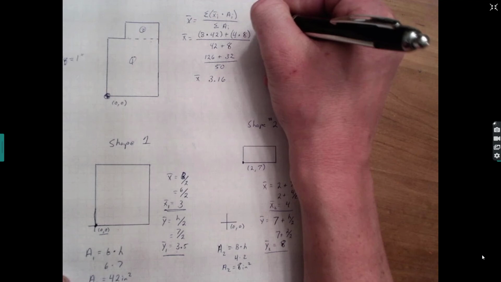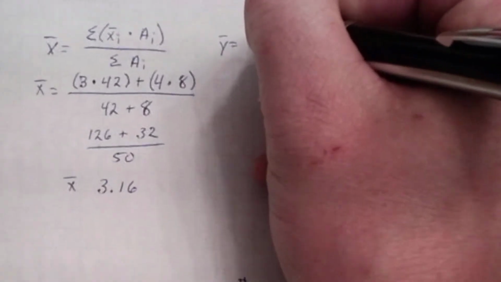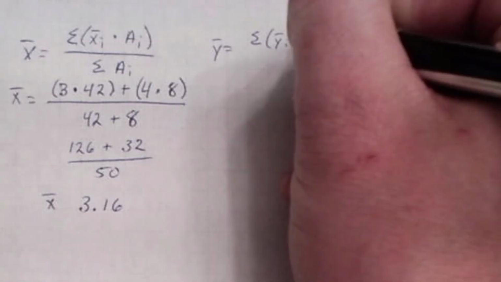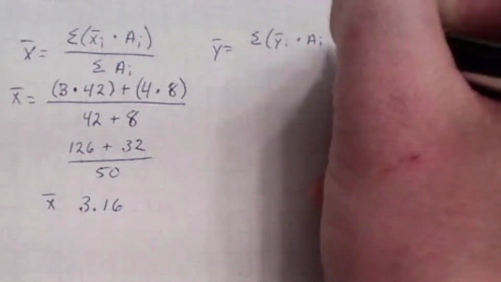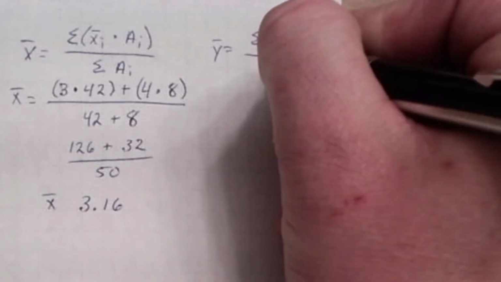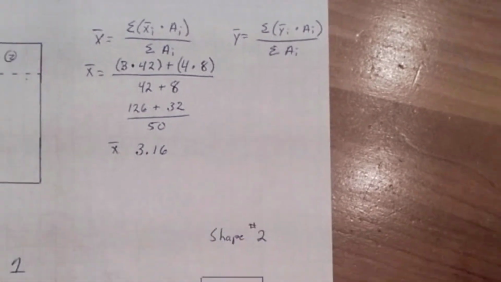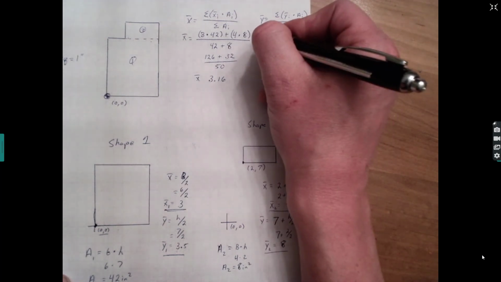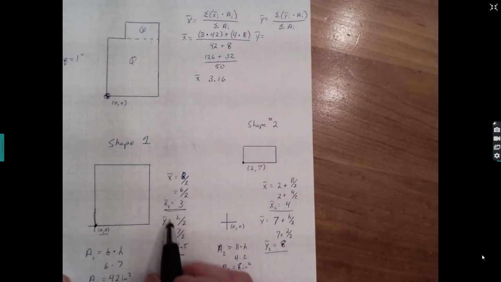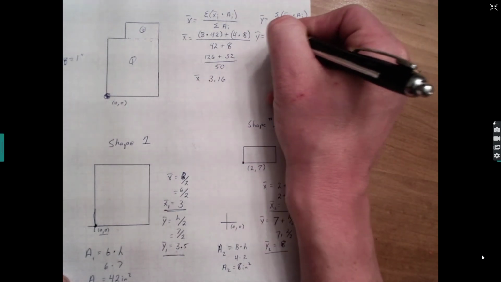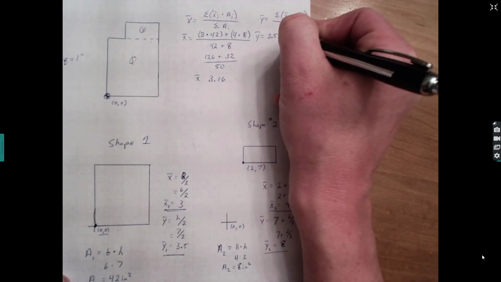So y bar equals the sum of y bar i times area i divided by the sum of area i's. So y bar in this case equals our y bar of shape 1, which is 3.5, times 42.